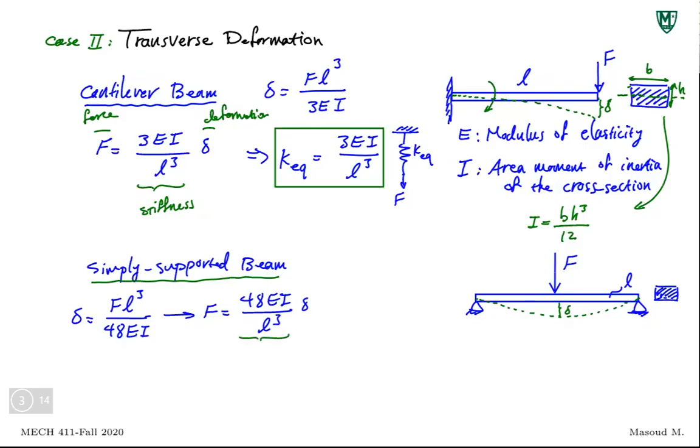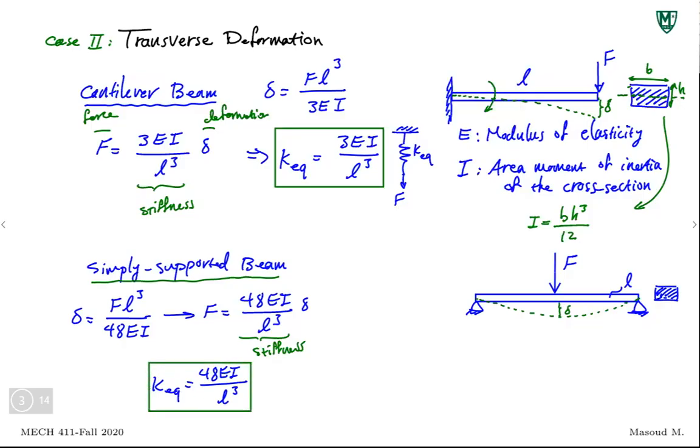The relationship between force and deformation, this becomes my stiffness. So K equivalent would be 48 EI over L^3. This is my equivalent stiffness for the system.